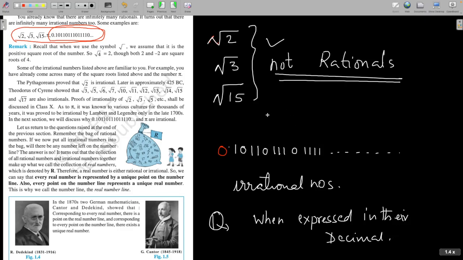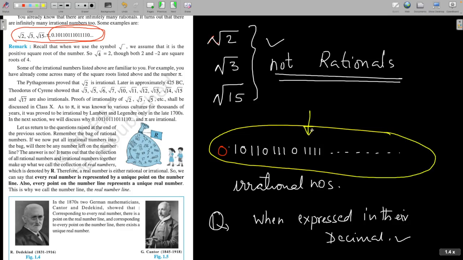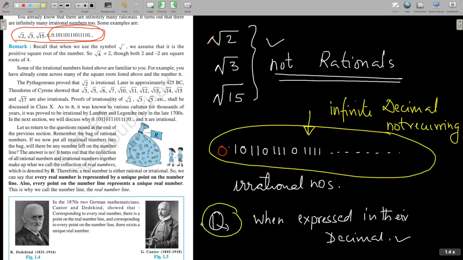You take hold of any rational, and there are some nice examples given, and express them in their decimal form, and we come across the key property of rational numbers. And that will tell us why this particular example is irrational. Those of you who already know the answer will know that this is an infinite decimal and not recurring in any pattern. So we'll try to understand what this means by going through the decimal representation of rational numbers.